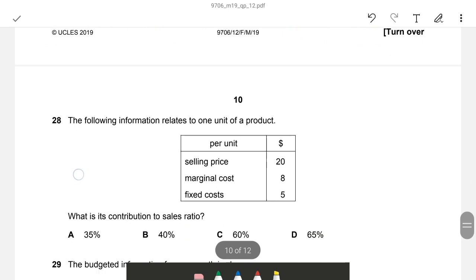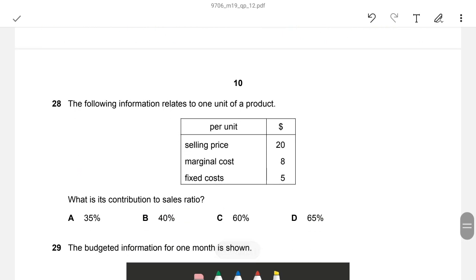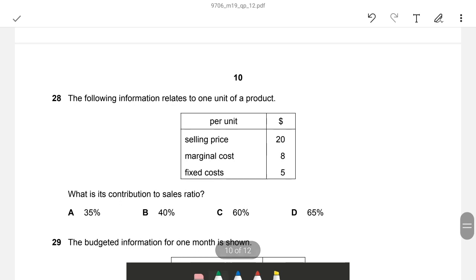Next, 28. The following information relates to one unit of a product. Selling price 20, marginal cost 8, fixed cost 5. What is the contribution to sales ratio? Contribution to sales ratio is equal to contribution divided by sales into 100.